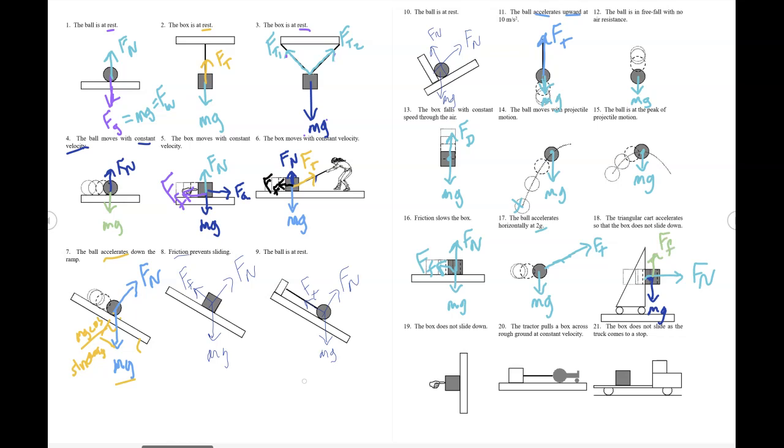It would slide down. So there has to be a frictional force. So in this case, our frictional force opposes our weight force, and those two equal each other, cancel each other out. And we have a normal force from the triangular block to the right. So from this, we can kind of tell what direction our triangular box is going. It's going to the right because the net acceleration is to the right.